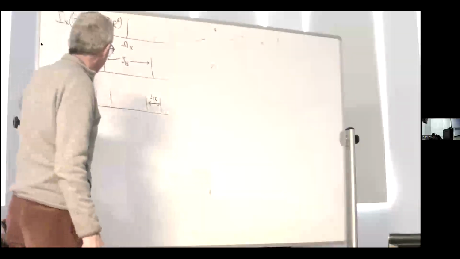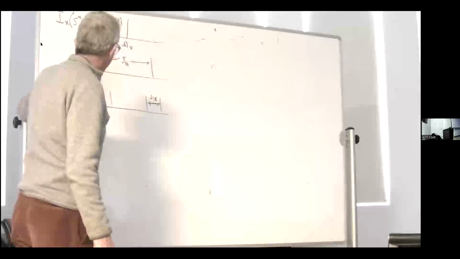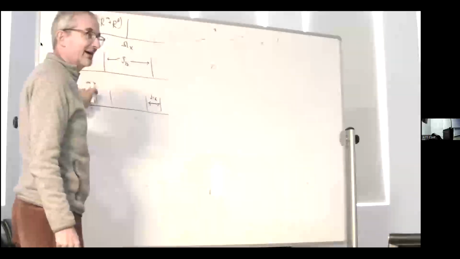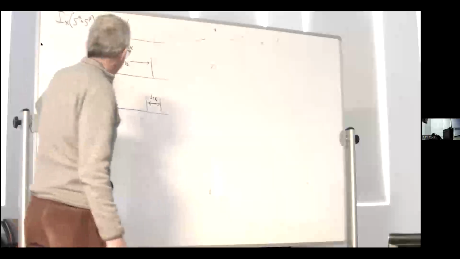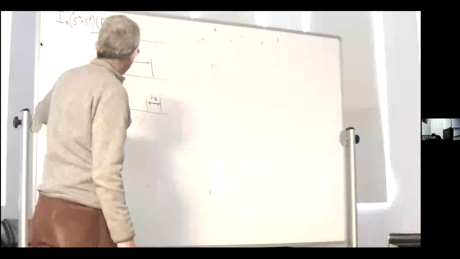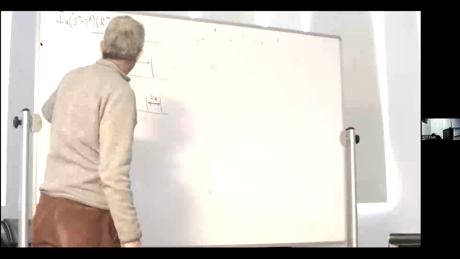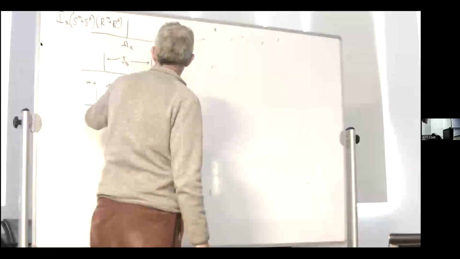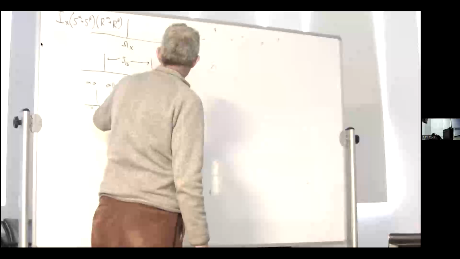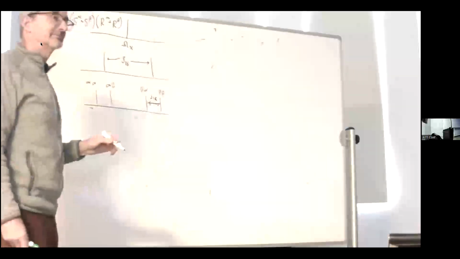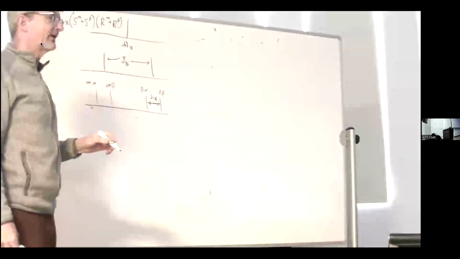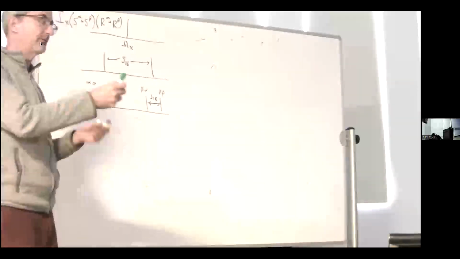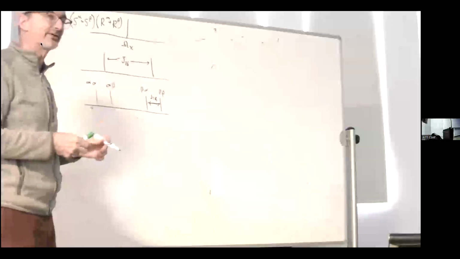So this line is S is alpha, R is alpha, S is alpha, R is beta, beta alpha, beta beta. So the four lines, each one is associated with what the spin states of the partners are.